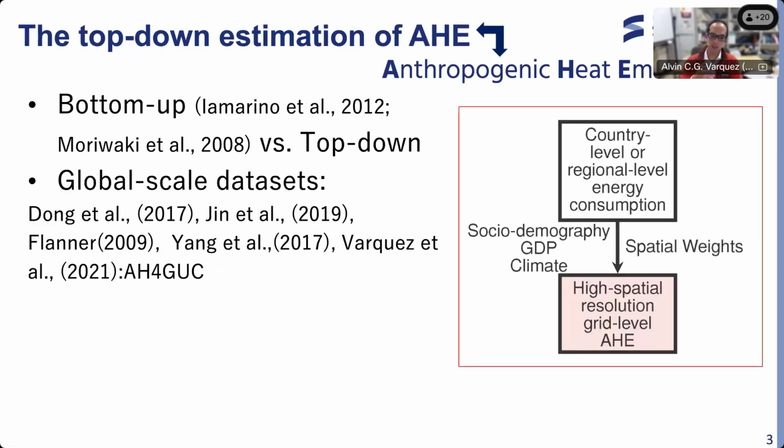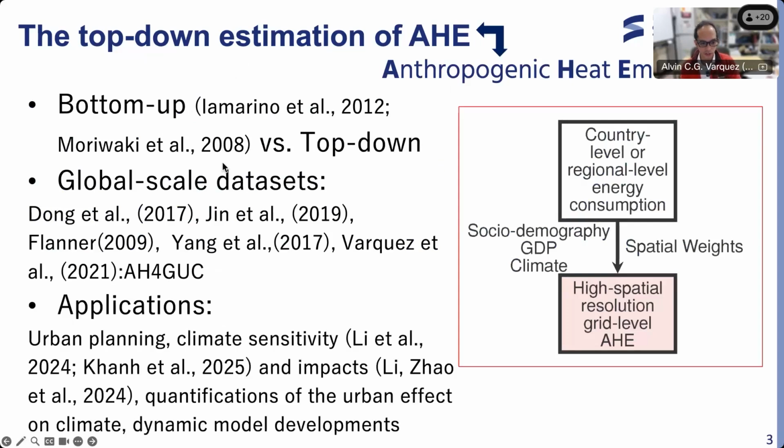Along with many other researchers here, including in my group, we develop global-scale data sets based on this top-down approach. The idea is simple. We have country-level or regional-level energy consumption, and we find an intuitive way of spatially allocating this energy into detailed spatial distributions, not only at 1 kilometer, but also in hourly time representation.